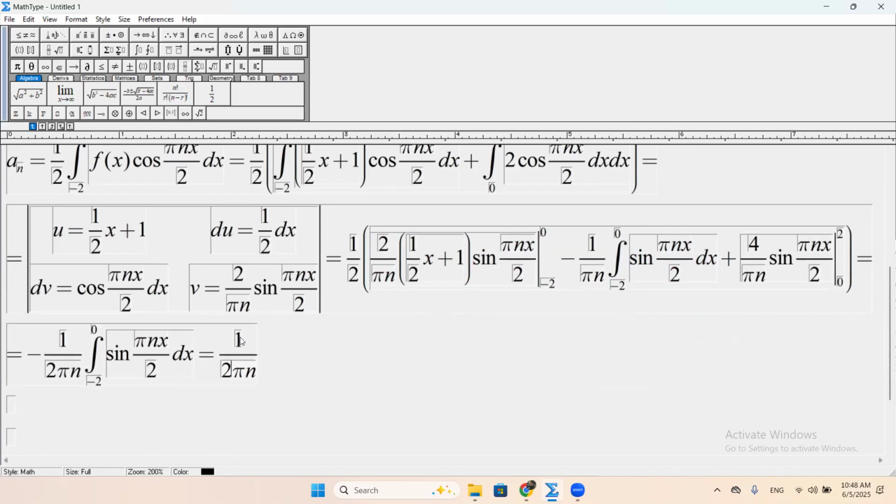The 2 will be cancelled as well, so we have pi squared and n squared, cosine of pi n x from minus 2 to 0. And what we will receive? 1 minus, and if I substitute minus 2, I will receive cosine of pi n, so 1 minus minus 1 in power of n.